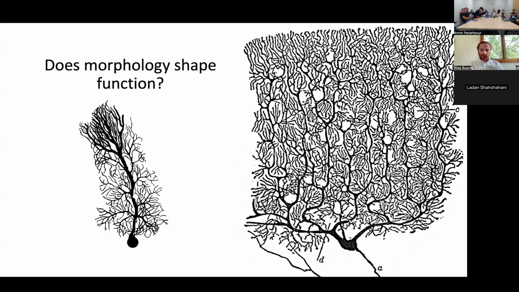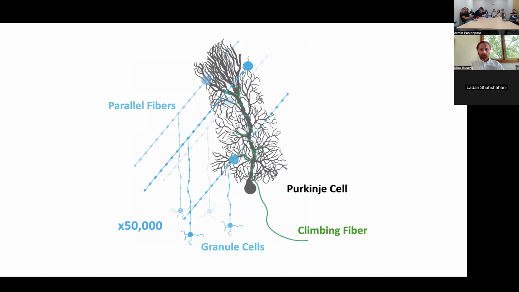And so to appreciate that, let's talk a little bit about the cerebellar circuit, or the cerebellar cortical circuit. In particular, these are the players that we'll be talking about today. So there are Purkinje cells, which, as I mentioned, are the principal cell type of the cortex. And they integrate two major excitatory pathways, one from a very large number of parallel fibers, over 50,000 even in the mouse.